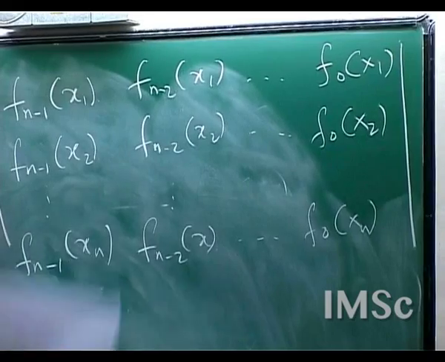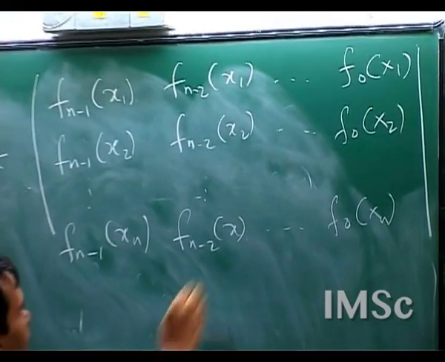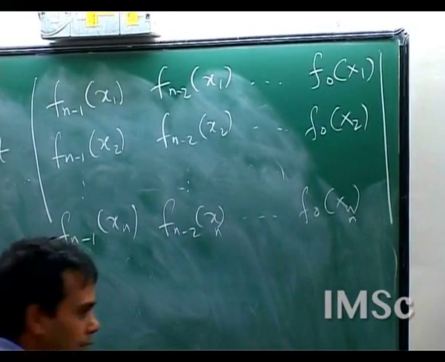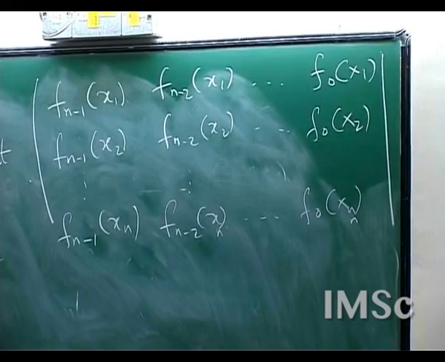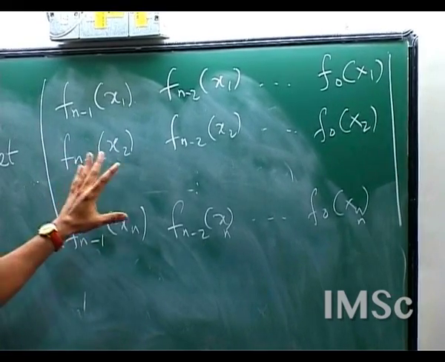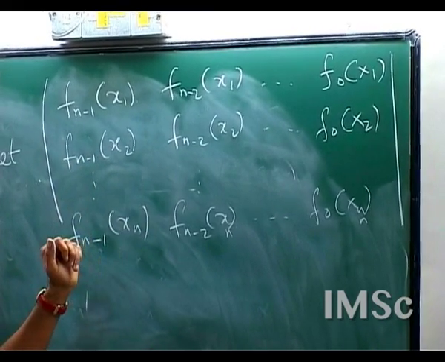Where you evaluate this at xi equals lambda I plus delta I. So you just want to take this thing and evaluate it at xi equals lambda I plus delta I.